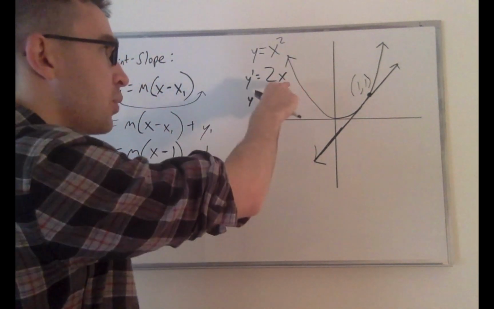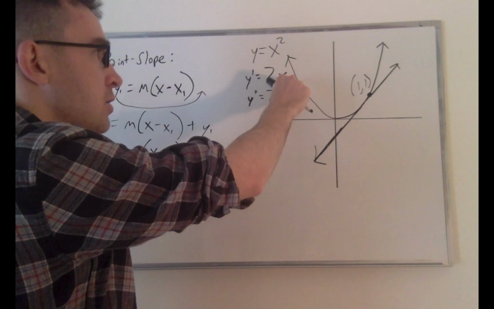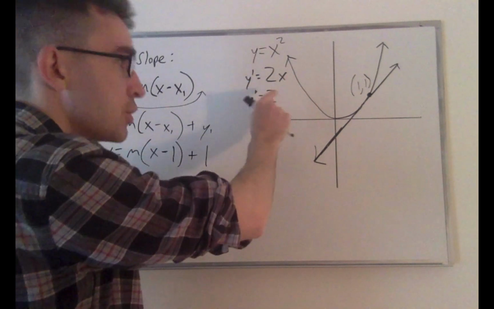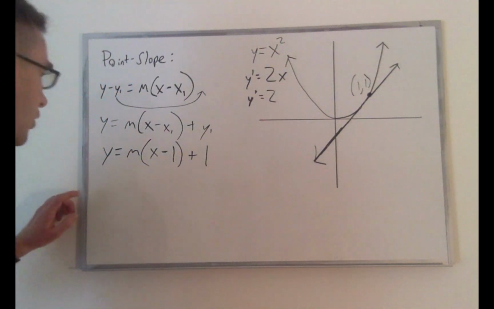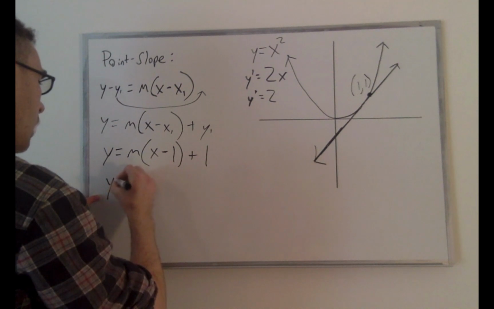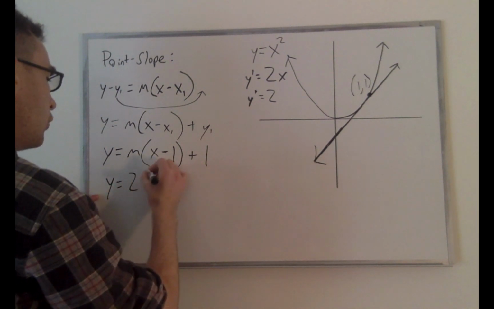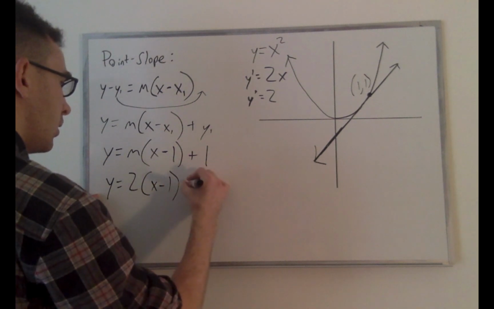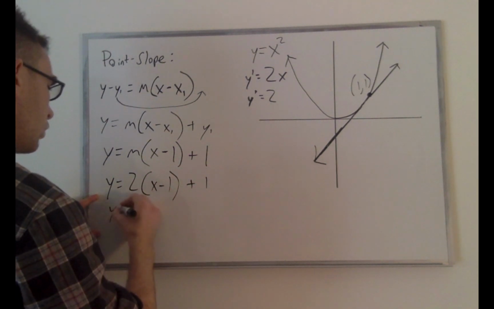I just plugged in x as 1, and that gives us the slope, which is 2 times 1, which is 2. Okay, so now we plug in the slope of 2 for our m, and then we have y equals 2 times x minus 1 plus 1, and then let's multiply this out.